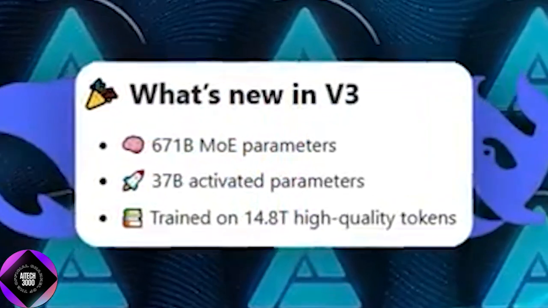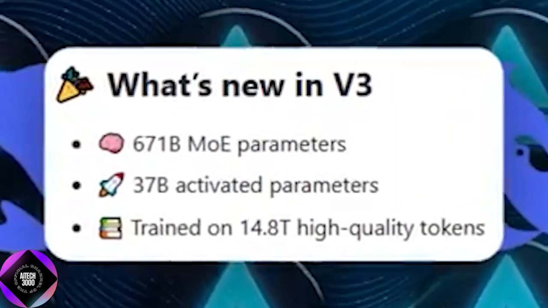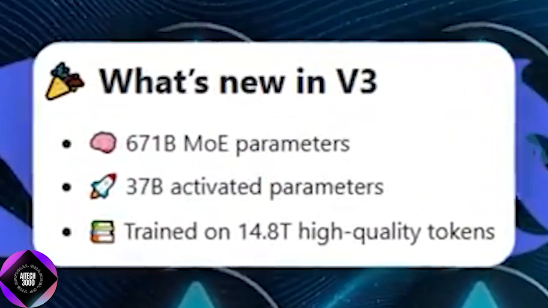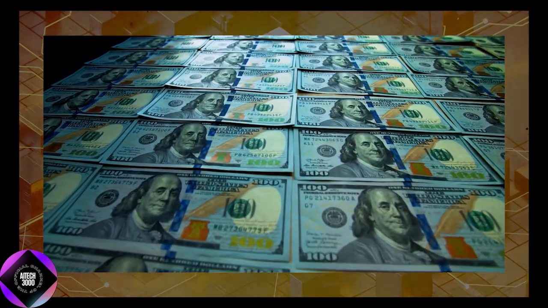DeepSeek has managed to train its V3 model on an enormous dataset of 14.8 trillion tokens, which is substantial but still more cost-effective than many would expect. The training process consumed approximately 2.8 million GPU hours, an impressive feat considering that training state-of-the-art AI models can often run into tens or even hundreds of millions of dollars.